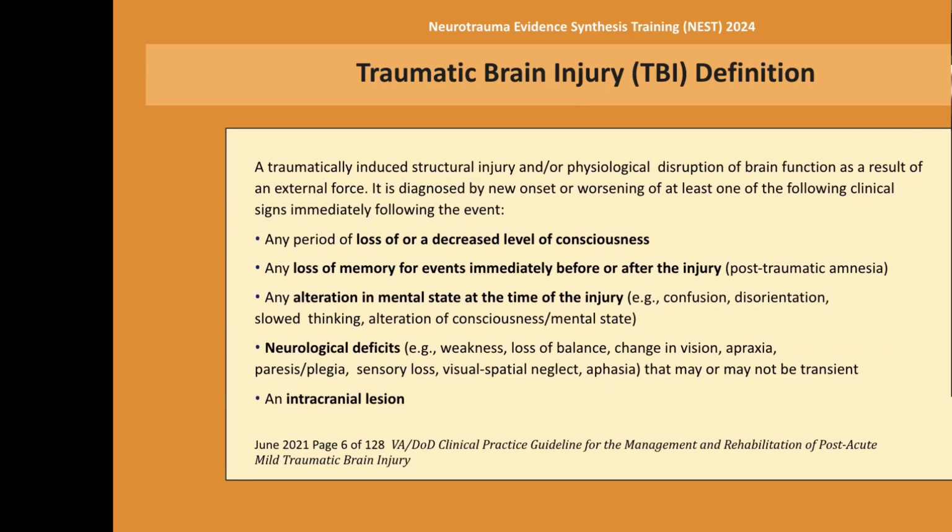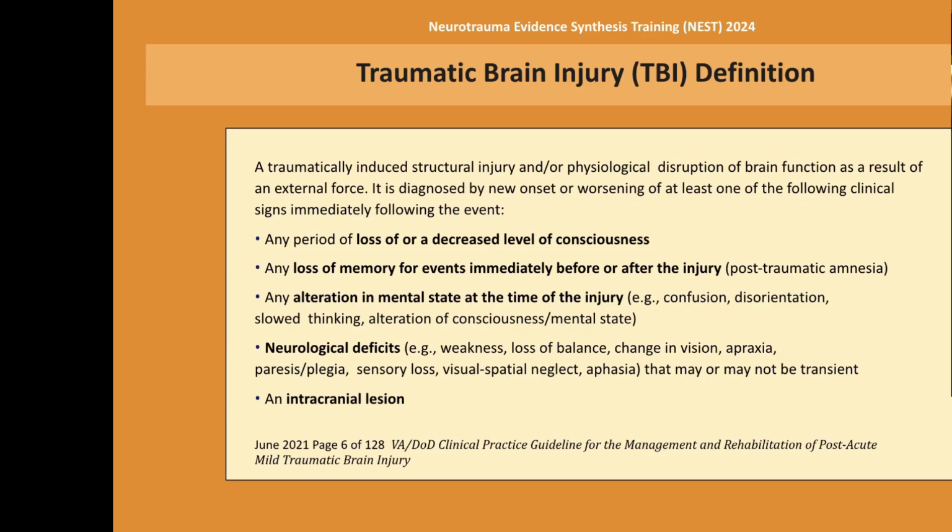So here we have a definition of traumatic brain injury. I've highlighted the things that you would look for, that there's a loss of or decreased level of consciousness. This is after a traumatic event that either caused a structural injury or the physiological disruption of the brain. Both parts we'll look at later.